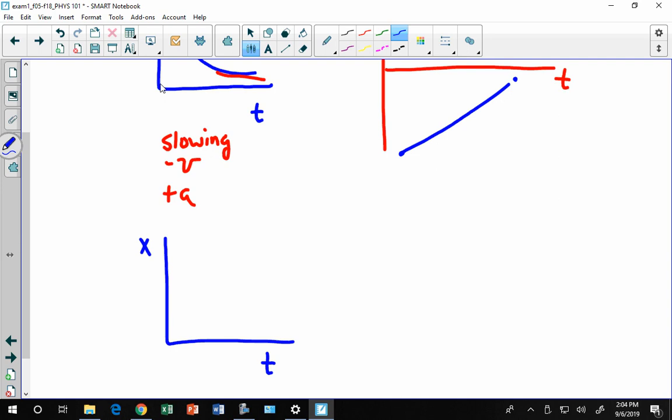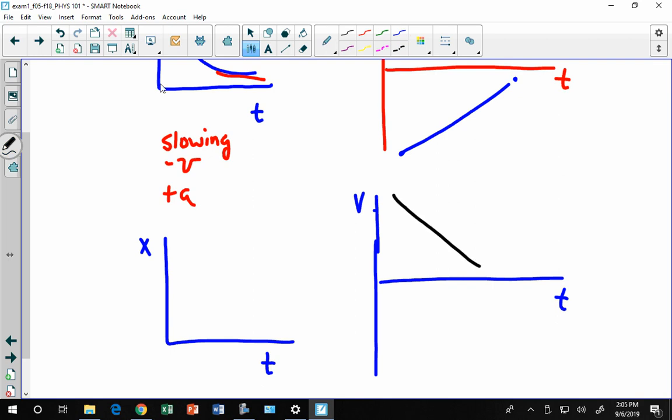Or hey, I'll tell you what, let's go the opposite direction. We will start with a v versus t and go to an x versus t. Let's try that one. So it starts out with a positive or negative velocity. It's positive, and it's positive because it's in that first quadrant, right? This is 0 right here.